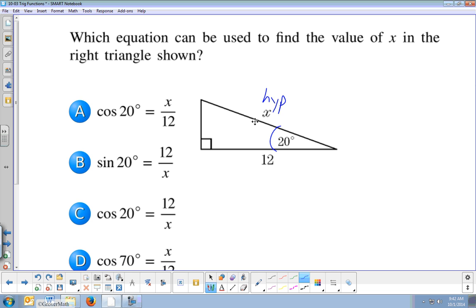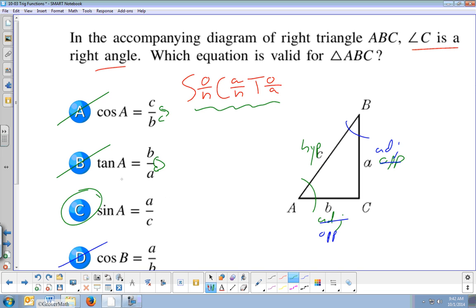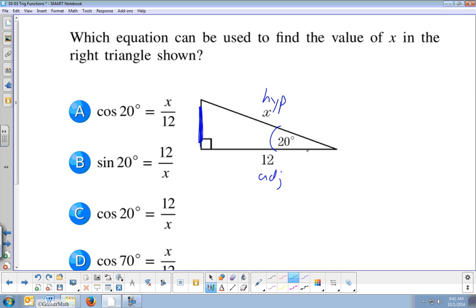It's across from our right angle, so x is our hypotenuse. And from this angle 20's perspective, this would be the opposite side, and there's nothing there. And that would mean that 12 here is adjacent. So we're limited to one trig function because we have terms for adjacent and hypotenuse. Adjacent and hypotenuse is only when you're dealing with cosine. So we're looking for a cos function, like these three.